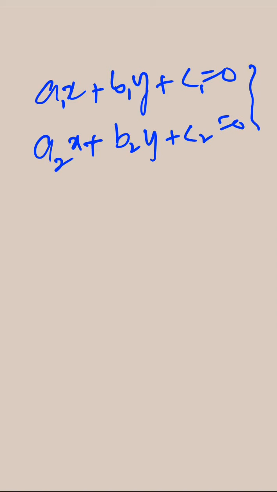So these are a pair of linear equations with two variables. A linear equation gives a straight line, we all know that. So both are representing two lines.